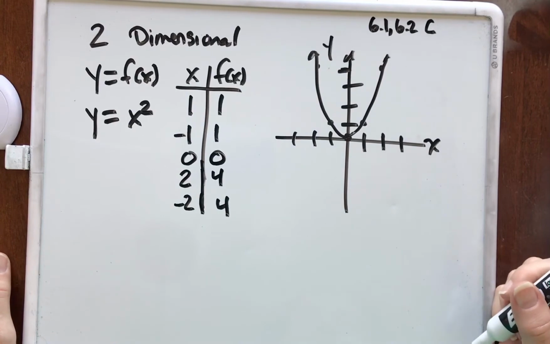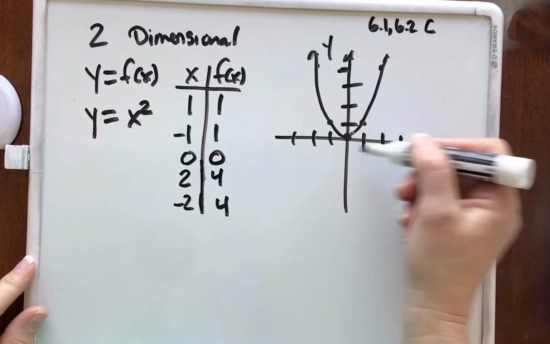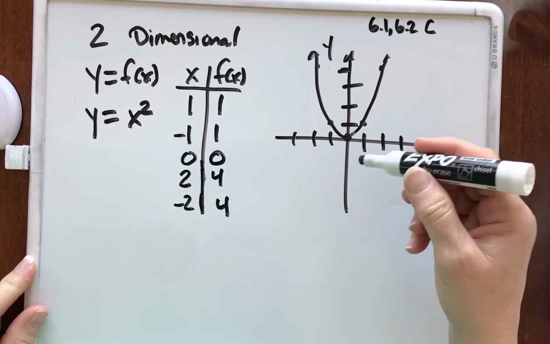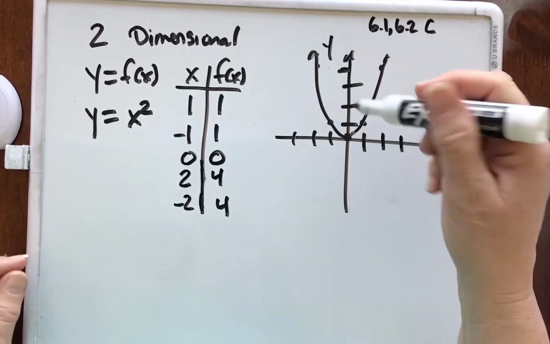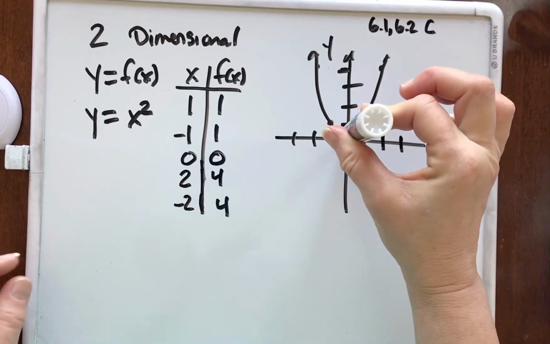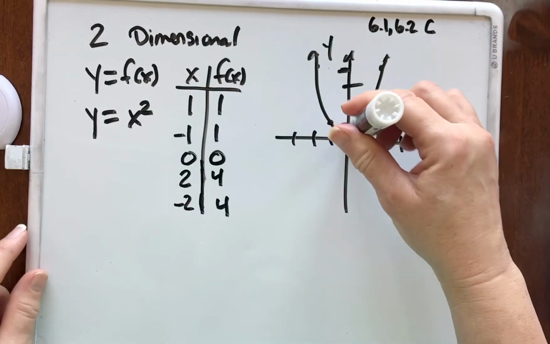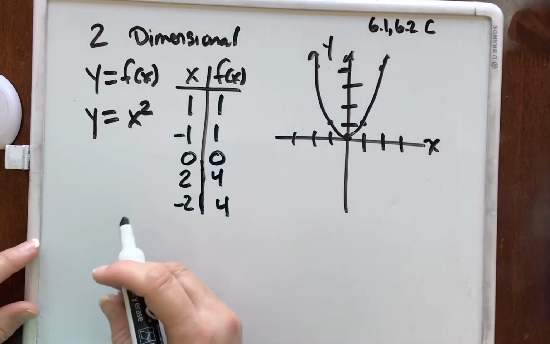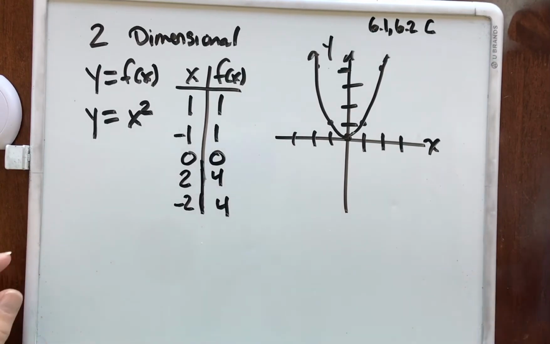Imagine if we had another axis. So we'd have an x and a y, and then we'd have one more that would make it 3-dimensional. So imagine my pen being a z-axis, so it makes it build, and we can make 3-dimensional shapes. So let's give an example of taking a 2-dimensional shape and then making it 3-dimensional.